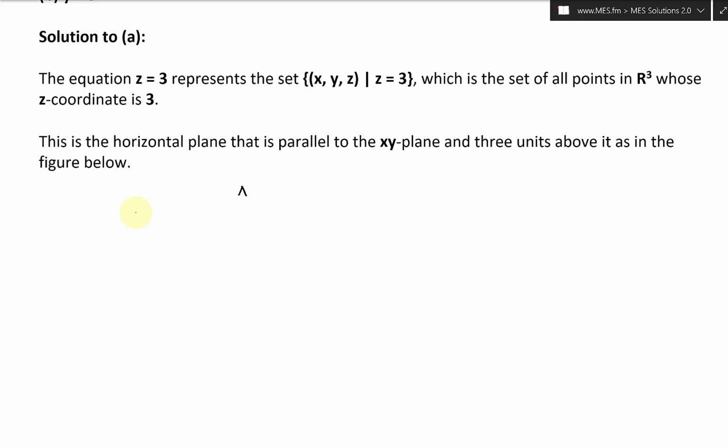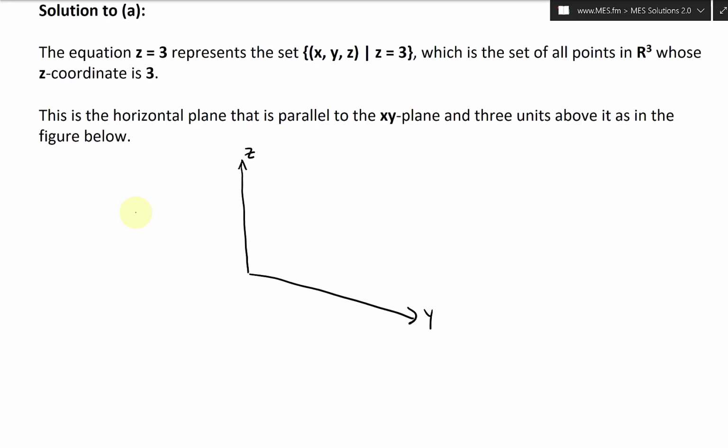So if we have this, let's draw our z-axis like that. And this is going to be our y-axis. I'll make it a bit more 3D. So this is our y, and then this is going to be our x, like that. And this is our origin at the 0 here. And now we're going to go to all the points where z is 3.